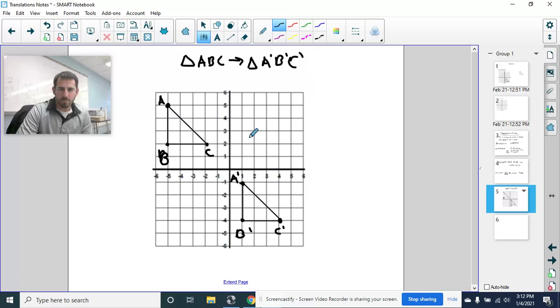So then from here, I'm asking you what happened. It translated, well, where did it go? So you need to name that. Now, you could say it translated, but we know it's a translation. You could say it slid, but really, if all you're doing is telling me that it moved a certain direction, you're telling me that it's a translation. So it'd be fancier, so to speak, to do that, but you don't necessarily need to.